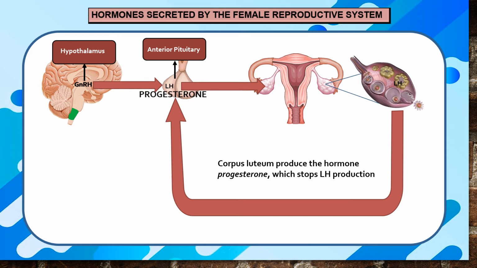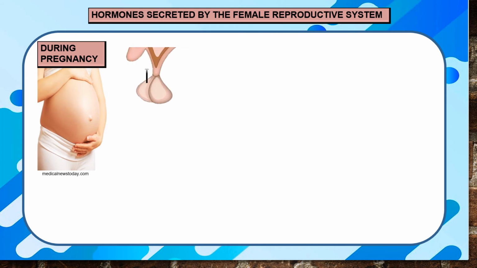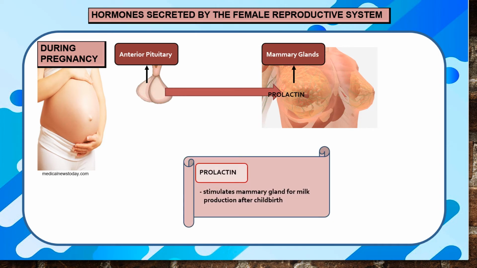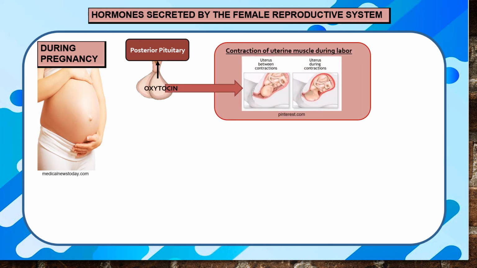Corpus luteum produces the hormone progesterone, which stops LH production. During pregnancy, the anterior pituitary gland produces prolactin to stimulate the mammary gland for milk production after childbirth. The posterior pituitary gland produces oxytocin to stimulate the contraction of uterine muscle during labor.